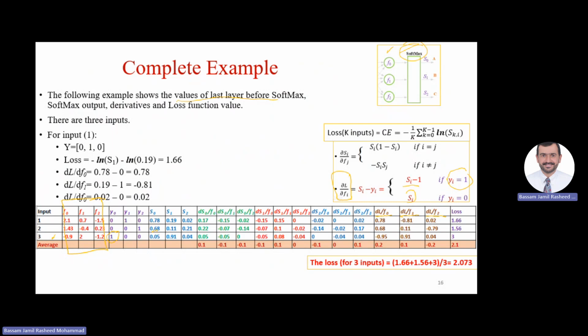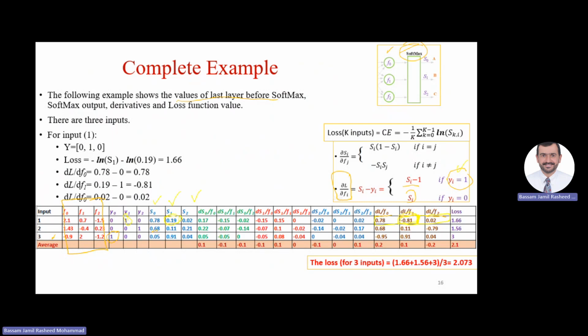Probably the safest. Okay, so here are my s's, and now I need to compute those derivatives. And here is the rule. Where is the output equal to 1? For the middle one. Then I take the corresponding s here and compute s minus 1, which gives me this number here: 1 minus 0.19 gives minus 0.81.